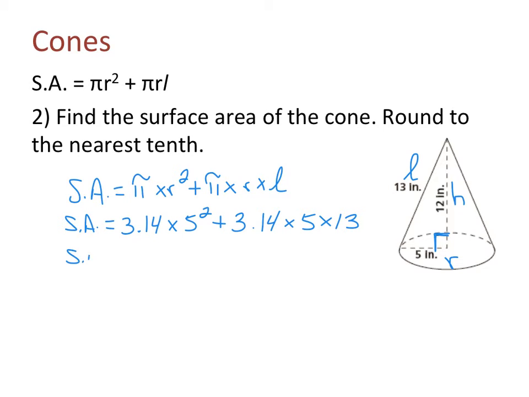Again, if you have a scientific calculator, you can plug that in just as you see it. And when we do that, we get 282.6. And again, our units are inches squared.